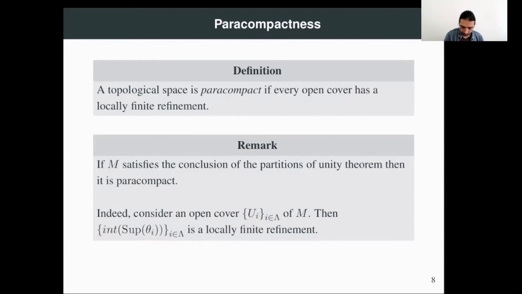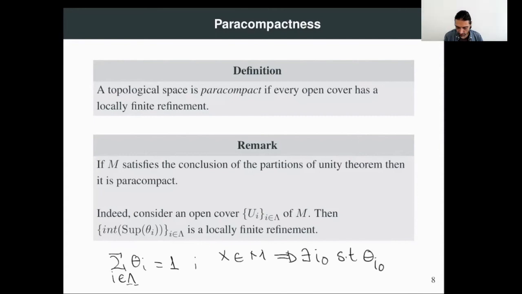because the sum of the theta_i's is equal to 1. If we consider a point x in M, there exists an index i_0 such that the value of theta_{i_0} at x is positive. And in particular, that happens in a neighborhood of x.